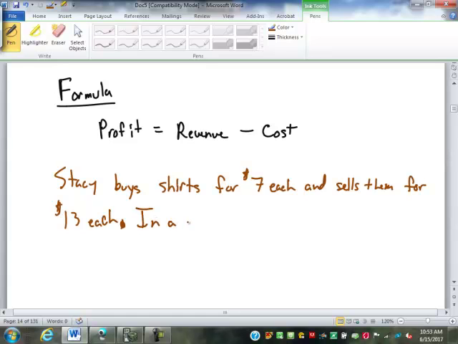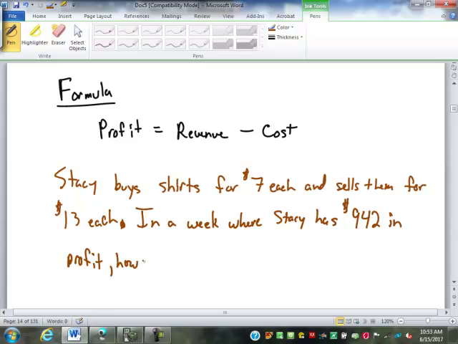In a week, where Stacy has $942 in profit, how many shirts were sold?